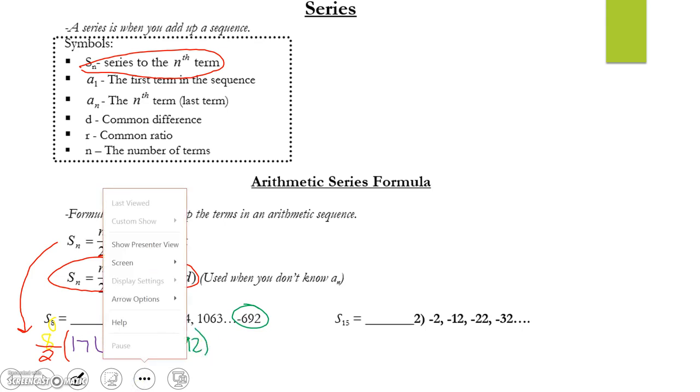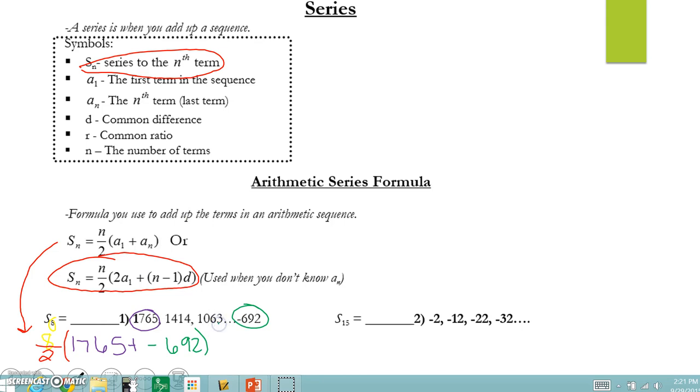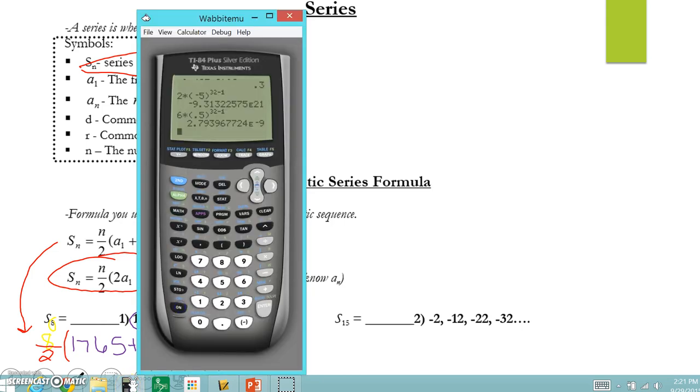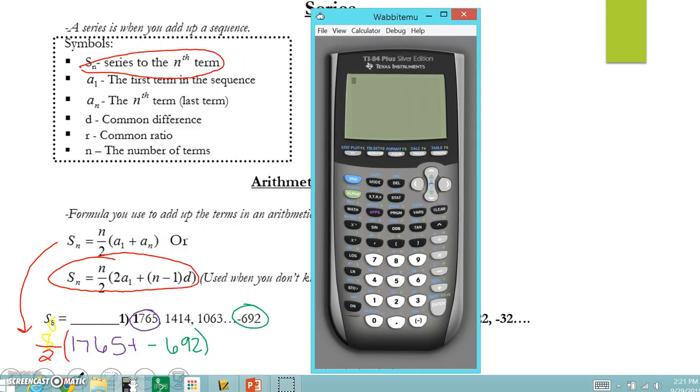Then I put that into my calculator. You should get bigger numbers with these problems because you're adding up this time. You're not finding the 8th term, you're adding up the first 8 terms. And I get 4292.